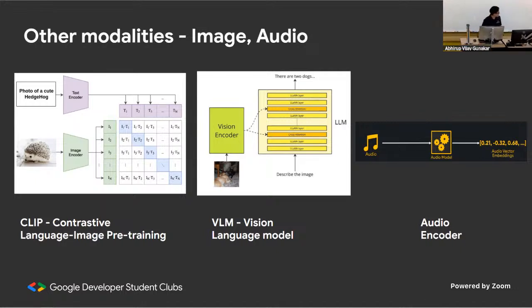First is CLIP, the contrastive language-image pretraining. It treats different modalities as two different languages. If you have two friends who speak two different languages, they wouldn't understand each other at all.